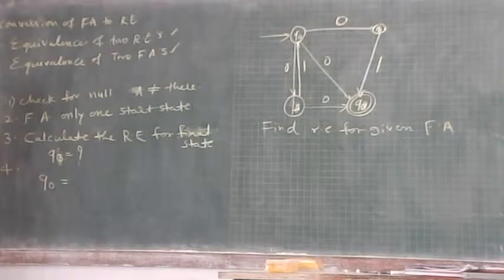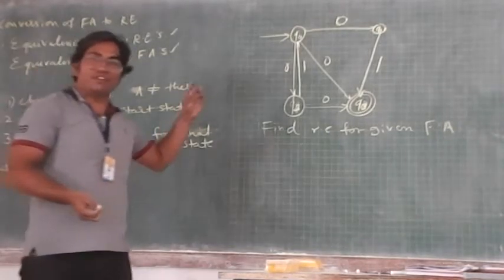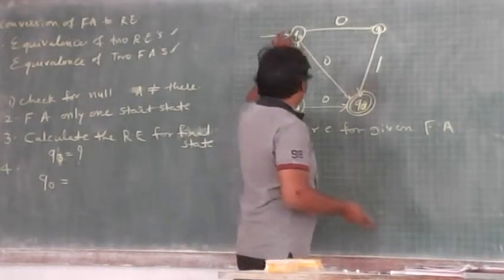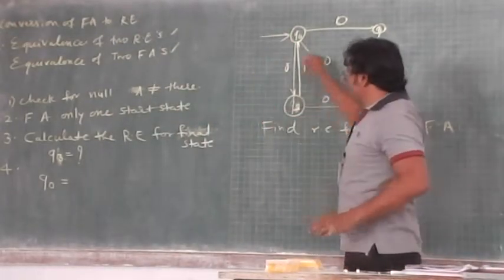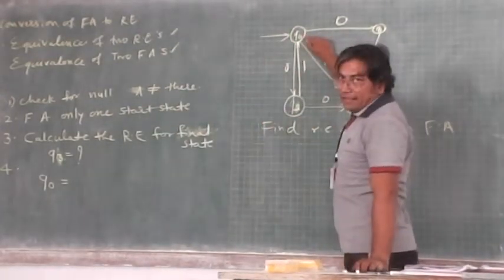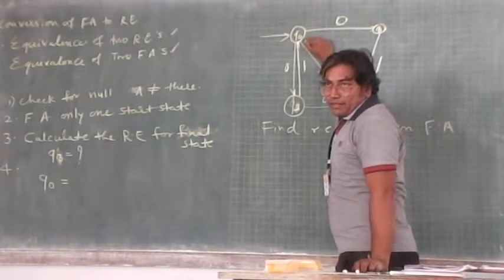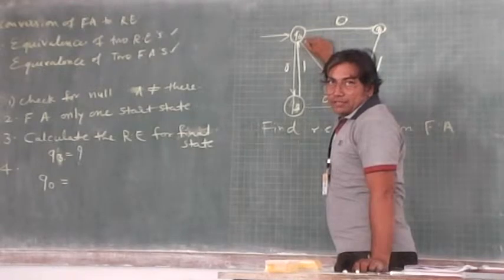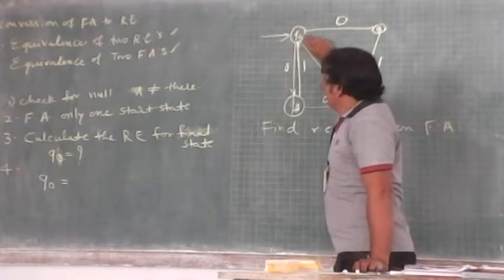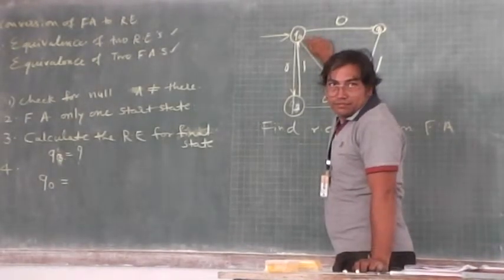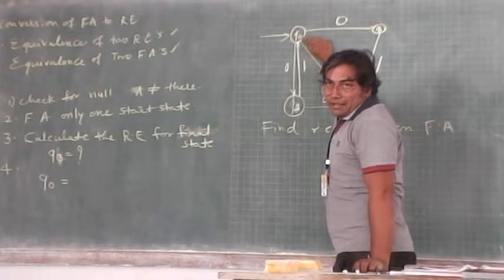How do I find an expression for this? Look at the incoming transitions for this particular state. You need to come up with the expression for the state Q0. You need to check what are the various input transitions, meaning incoming transitions, for this state.